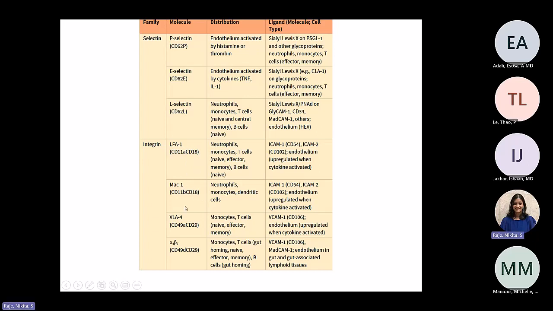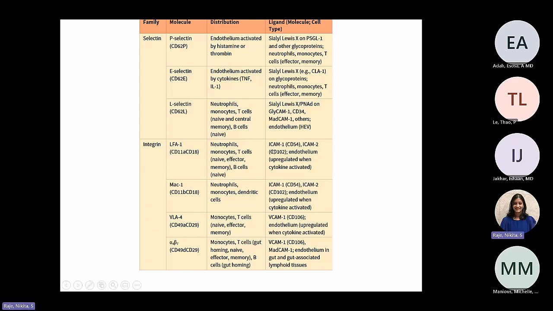These integrins are mostly present on the cells, and the ligands are present on the endothelium of various tissues. And the ligands can vary based on the tissue we are talking about. So again, for second years, memorize the name of the integrin along with the CD marker names, and we'll come back to that.